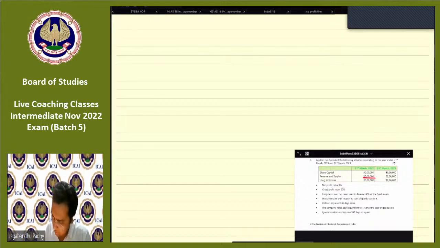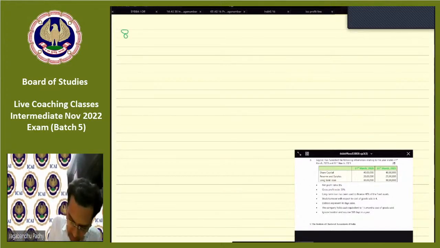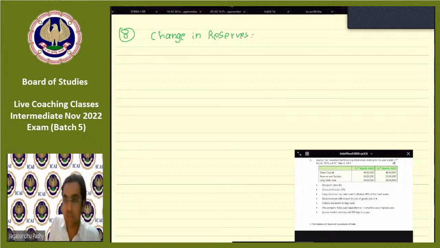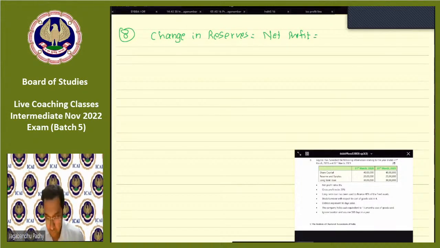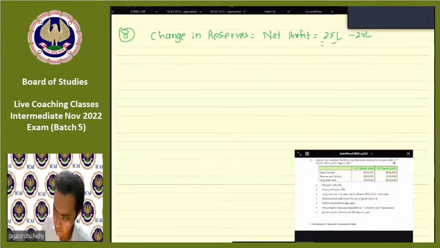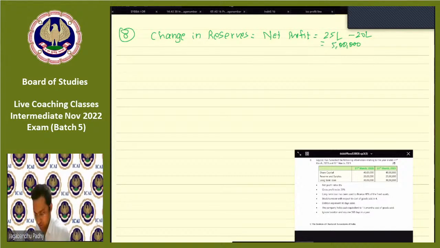Now you need to look at the reserves and surplus. So first we'll say change in reserves. Change in reserves is basically the net profit that you would have made in that year. If your reserves have increased, it means you have made the profits. The profit will be 25 lakh minus 20 lakh, which is 5 lakh. So 5 lakh is the net profit or the change in reserves.